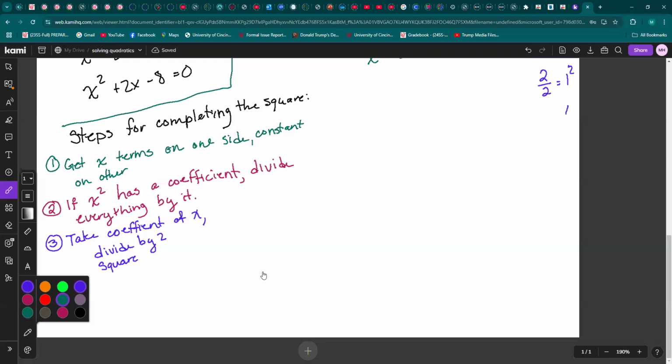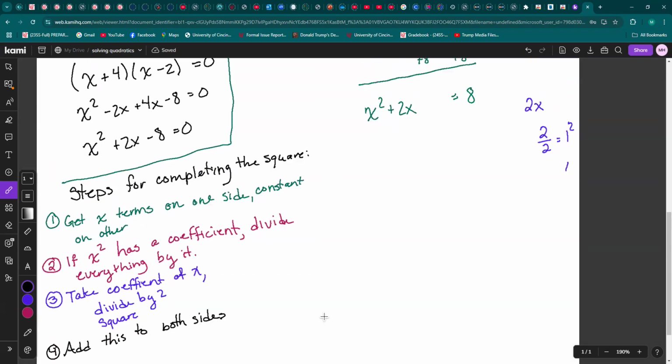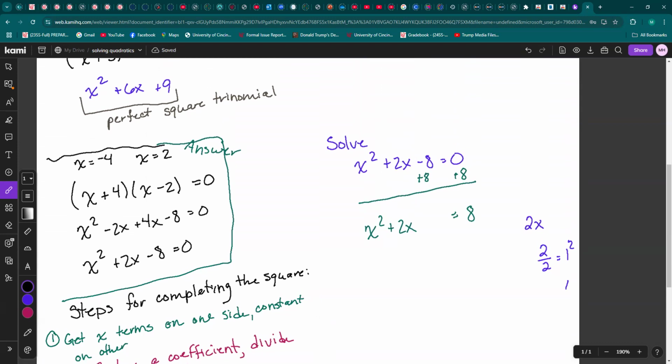So step 4, add this to both sides. Okay, so I'm going to go plus 1, plus 1.